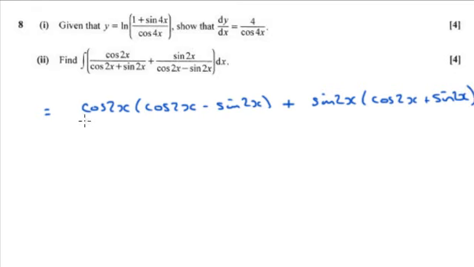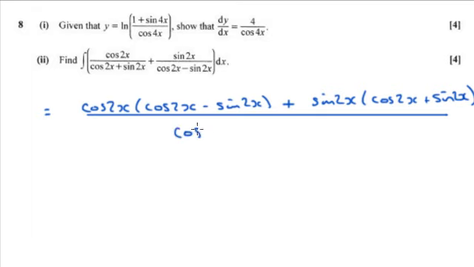And then that can all now be over this times this, and because it's a difference of 2 squares, we can straight away write cos squared 2x minus sine squared 2x. If you multiply these two together, the sine 2x cos 2x terms will cancel each other out. So that's why we've just got sine squared 2x from this times this, minus sine squared 2x from that times that.